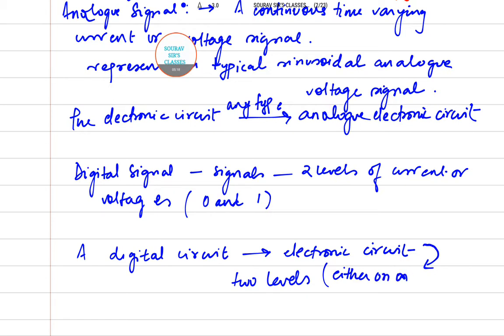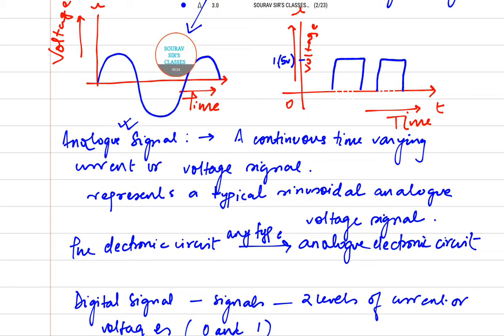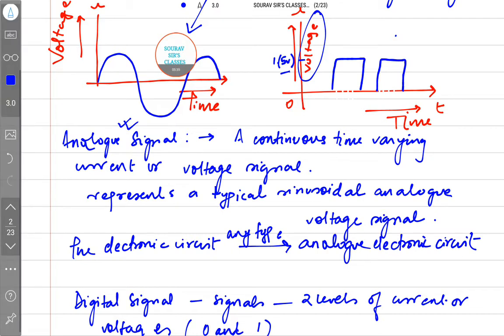So this is what we understand by two levels. Okay. Now this particular graph is representing nothing but a typical digital signal in which the voltage at any time can be either 0 or 5. Okay. So now with this we will next move on to the logic gates.